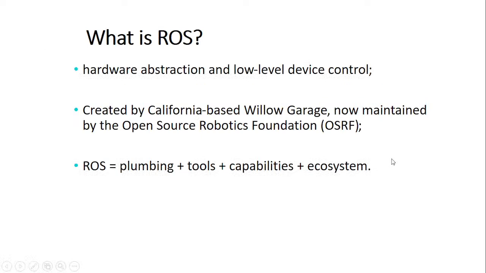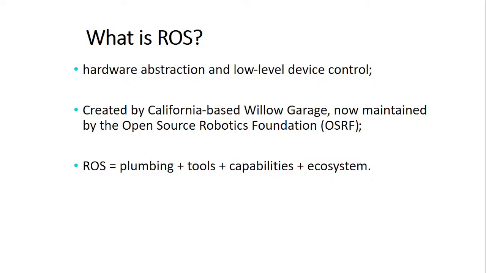So, what is ROS? Hardware abstraction and low level device control. Hardware abstraction is used for accessing hardware components not directly but indirectly, through a higher level software layer. Software layer means any kind of high level application software.